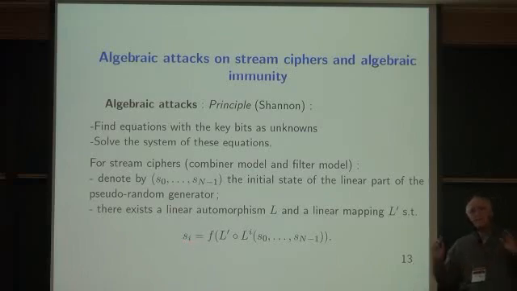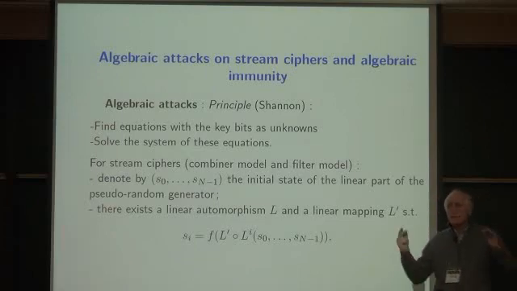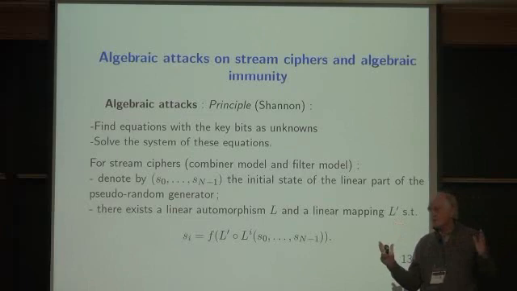Maybe I have to make a parenthesis about the situation of the attacker when she wants to attack the crypto system. She is supposed to have access to a part of the key stream, because she is supposed to have the whole ciphertext, for instance, and a part of the plain text.